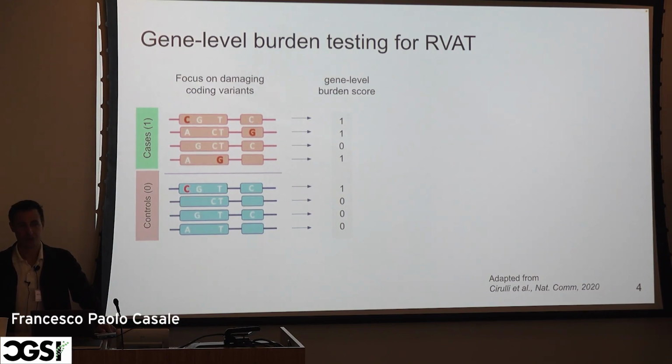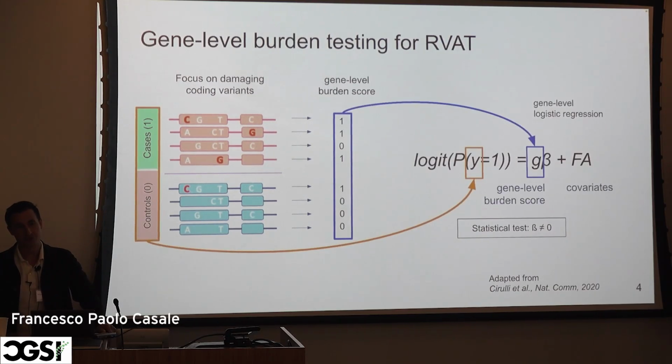For example, you can just count for each individual how many damaging rare variants they carry. Then you can use a simple regression model, as before, but now to test for association between a gene-level burden score and the phenotype rather than a single variant.